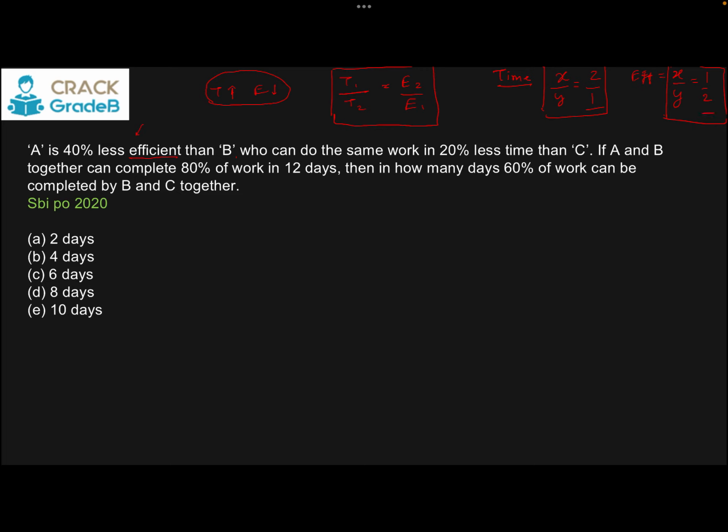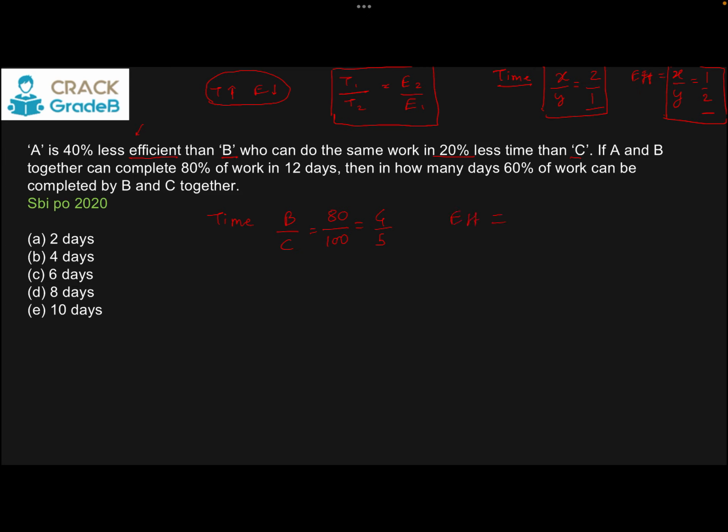So if the time-wise ratio between X and Y was 2:1, then the efficiency-wise ratio is going to be 1 upon 2. The same thing we have to consider here between B and C. The time-wise ratio between B and C we can form, because B does the work in 20% less time. So if C is taking 100 time, B will be taking 20% less, that is 80. So the time-wise ratio between B and C is 80 upon 100, or 4 upon 5.